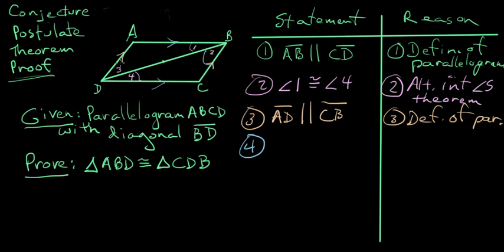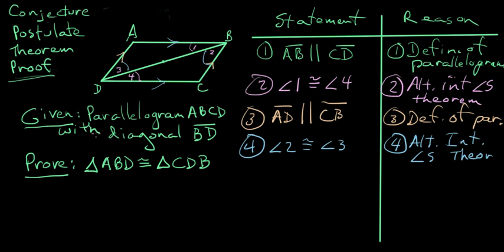If you said angle 2 and angle 3 are congruent, you're absolutely correct. Angle 2 is congruent to angle 3. And that is the same reason as we had up above. Alternate interior angles theorem.